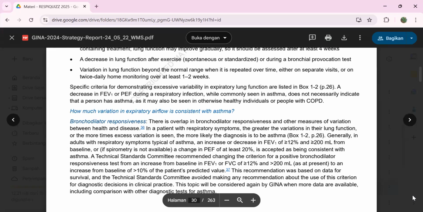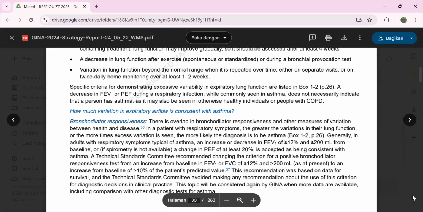Generally, in adults with respiratory symptoms typical of asthma, an increase or decrease in FEV1 of more than or equal to 12% and more than or equal to 200 milliliters from baseline, or if spirometry is not available, a change in PEF of at least 20%, is accepted as being consistent with asthma.